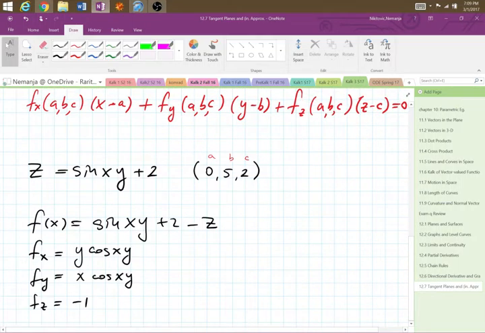So I have the partial derivatives up. Check your partial derivatives, then compute each one at those points. And then plug everything in.